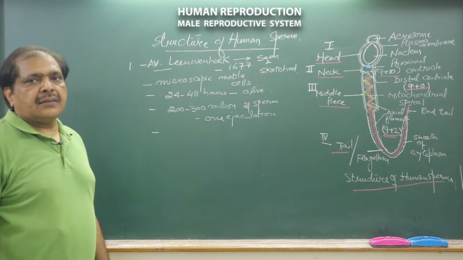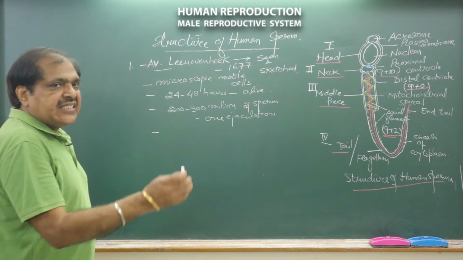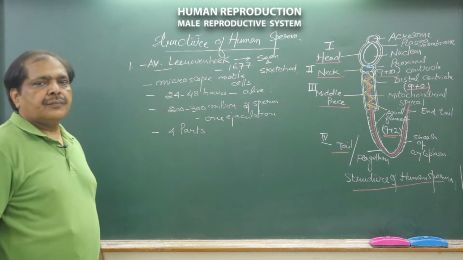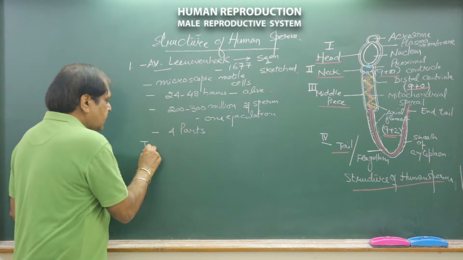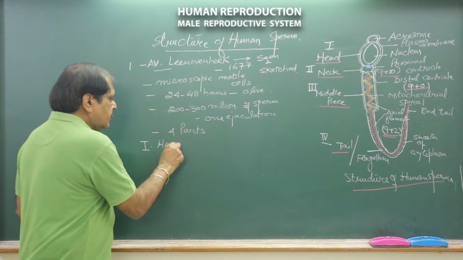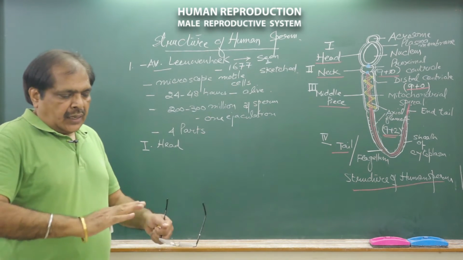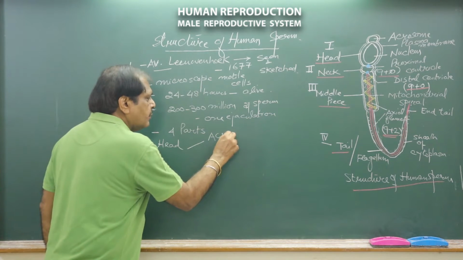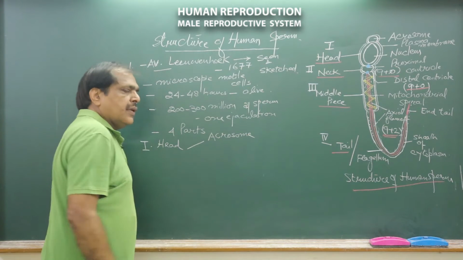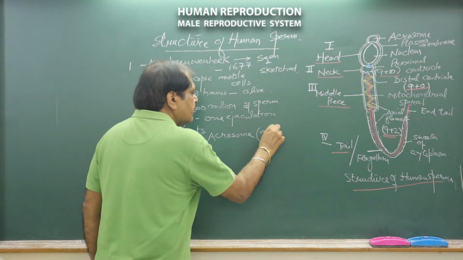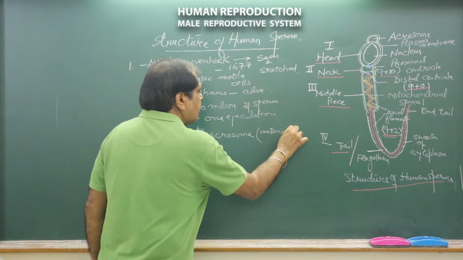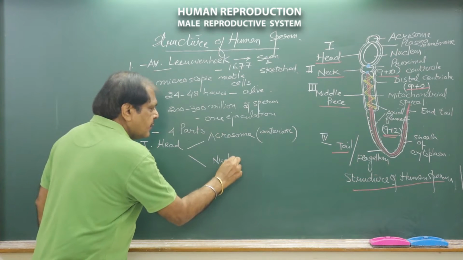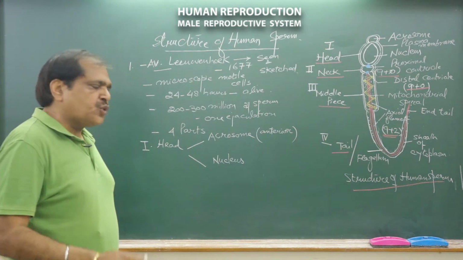The human sperm, as we are seeing in the diagram, is divided into 4 parts. Number 1 is the head. The head is occupied by 2 structures, the acrosome, which is anterior, and the nucleus, which is posterior.